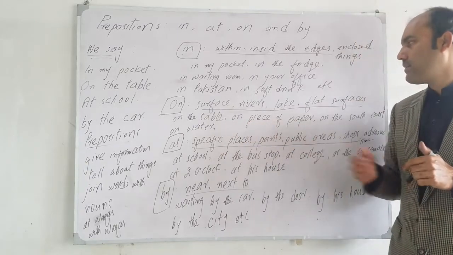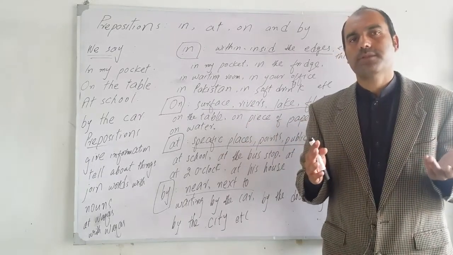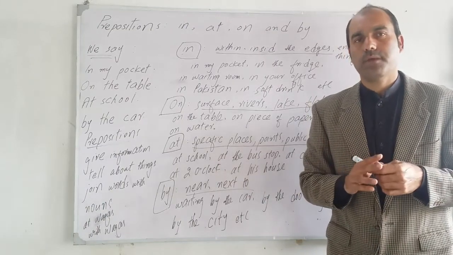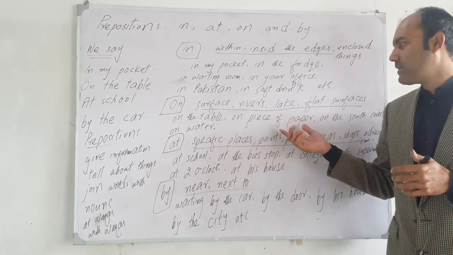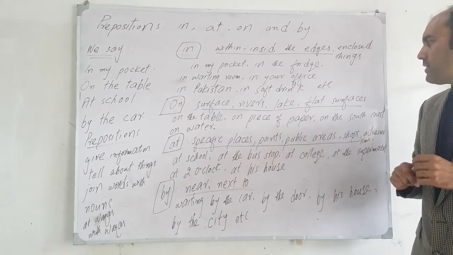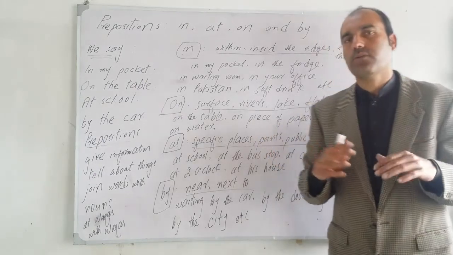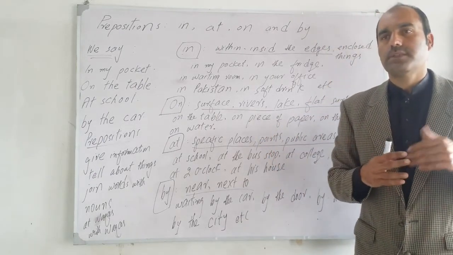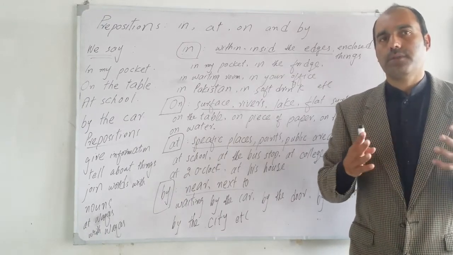On a piece of paper: please write the story on a piece of paper. Please write this address on a piece of paper. Here on is used for a piece of paper. On the south coast: this is a coast, the side of a river or an ocean.